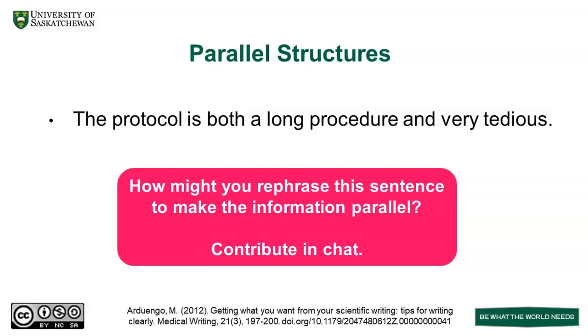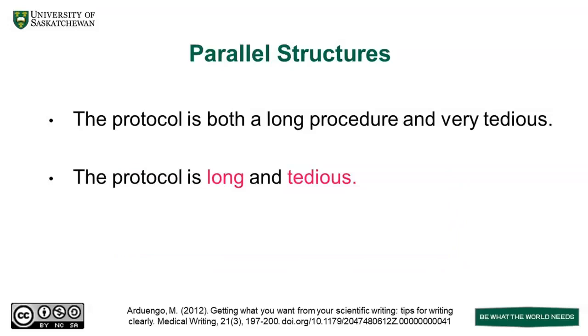I've seen examples where we're removing some words, and that's another strategy that we can use as well. I would suggest that the most concise way that we could actually rephrase this example, as well as ensure that it's going to be parallel, is to rephrase it as the protocol is long and tedious.